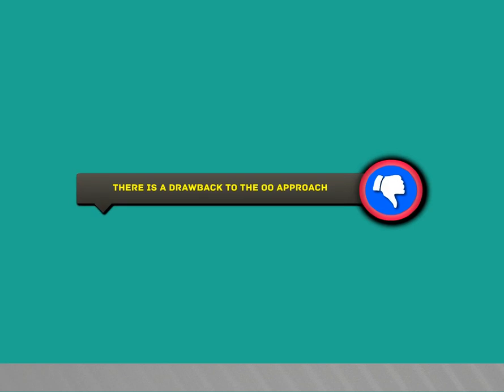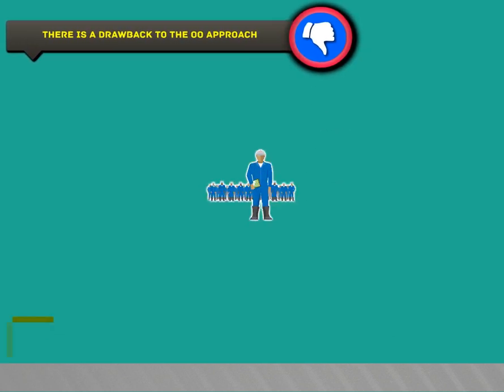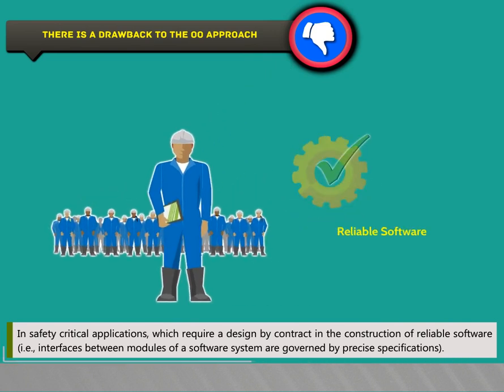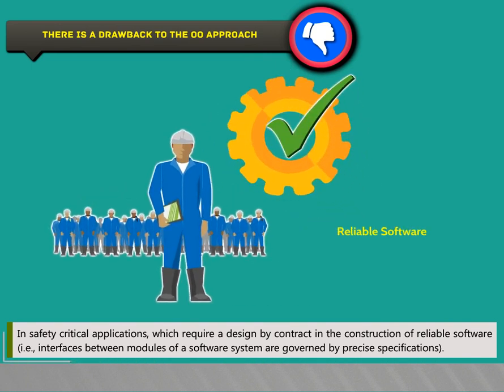There is a drawback to the OO approach in safety-critical applications which require a design by contract in the construction of reliable software, that is, interfaces between modules of a software system are governed by precise specifications.